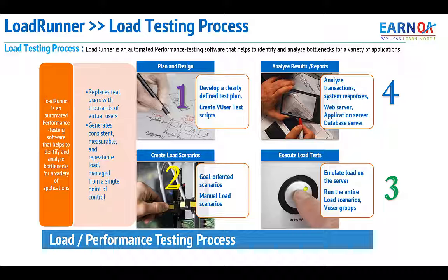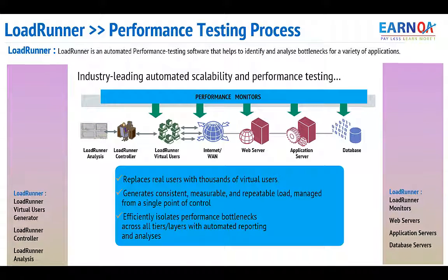And if you want a more explanatory and easier way to understand, LoadRunner has three major components: the LoadRunner virtual user generator, controller, and analysis. Most of the process is done with the VuGen, controller, and analysis.